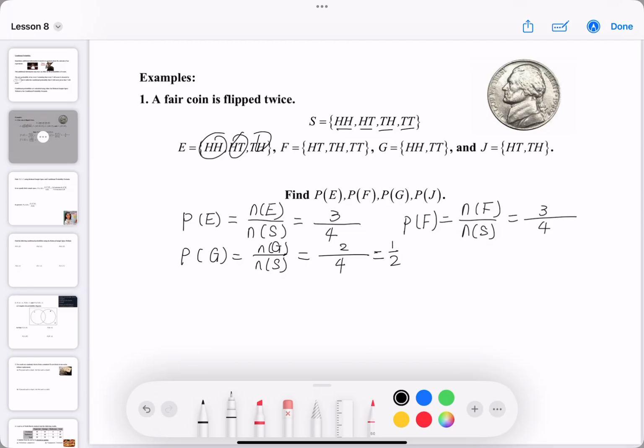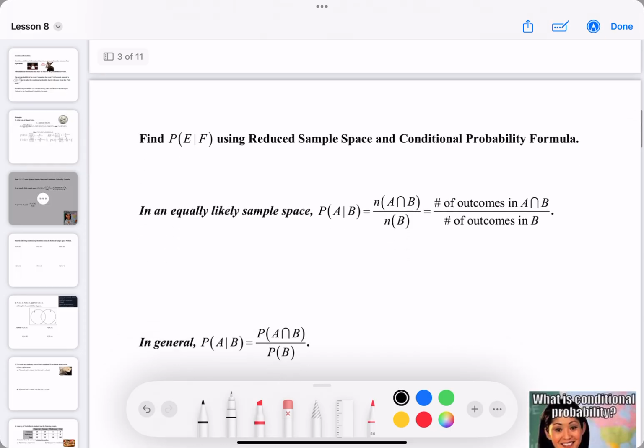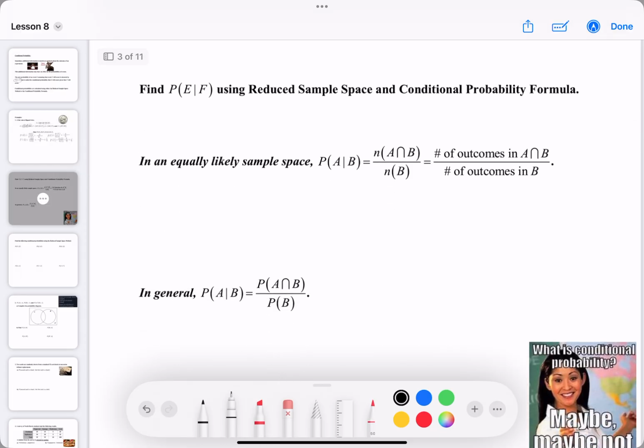We have 1/2. What is P of J? P of J is N of J over N of S. N of J is 2, N of S is 4. It is 1/2. Let's find P of E given F using the reduced sample space and conditional probability.